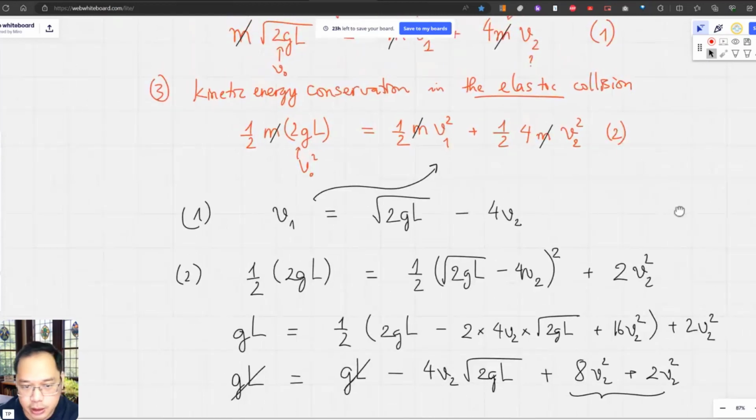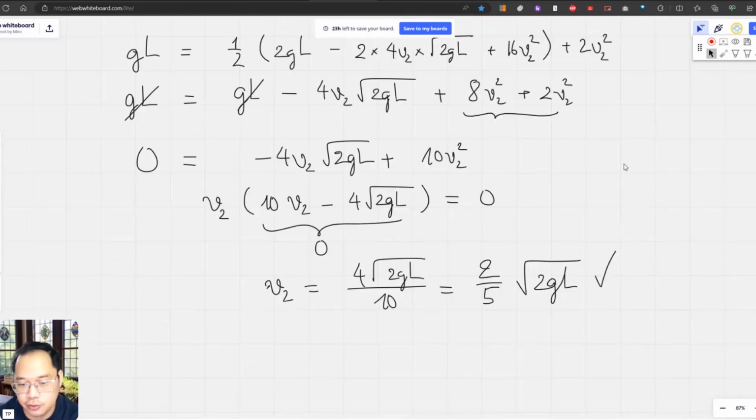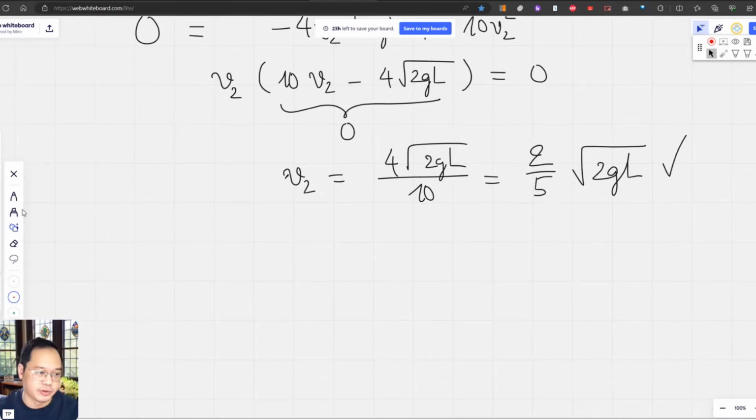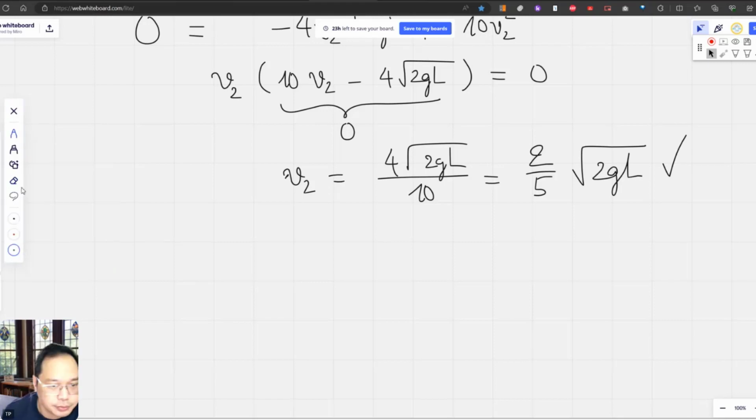Now go back to v1, which is the square root of 2gL minus 4v2. That will be a negative value, which is perfectly good. It makes sense because the velocity of the ball must be in the opposite direction.